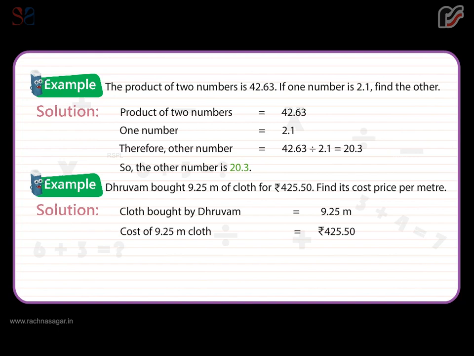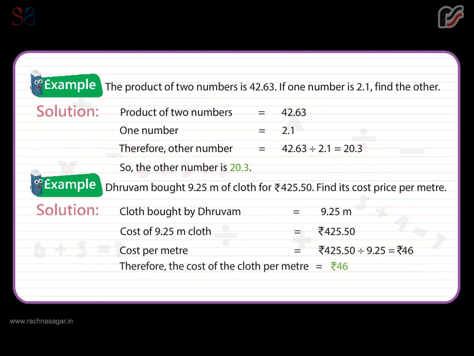Cost of 9.25 meters cloth is equal to rupees 425.50. Cost per meter is equal to rupees 425.50 divided by 9.25 is equal to rupees 46. Therefore, the cost of the cloth per meter is rupees 46.